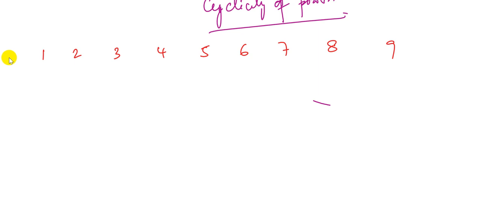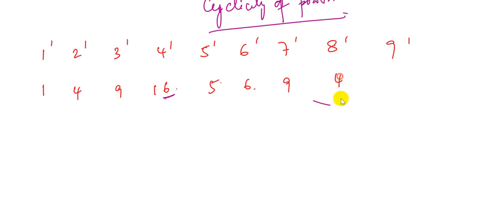So this is power 1: 1 to the power 1, 2 to the power 1. Now power 2: 1 to the power 2 is 1, 2 to the power 2 is 4, 3 to the power 2 is 9, 4 to the power 2 is 16, but we will just take the last digit, which is 6. 5 to the power 2 is 25, so the last digit is 5. 6 to the power 2 is 36, we take the last digit. 7 to the power 2 is 49, last digit is 9. 8 to the power 2 is 64, last digit is 4. 9 to the power 2 is 81, last digit is 1.